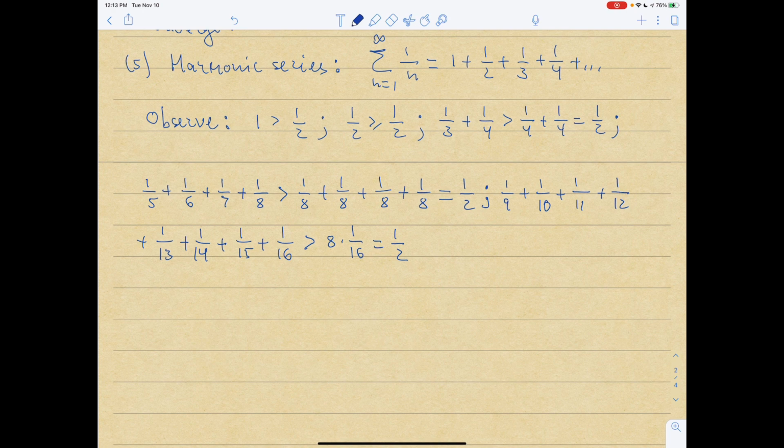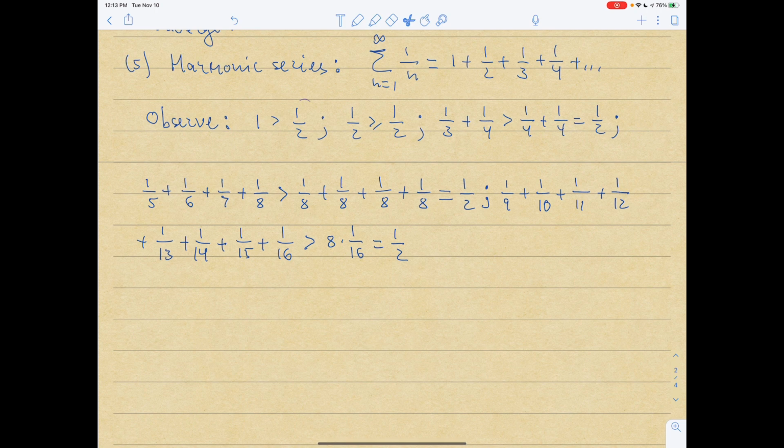And so now what I can see is that if I add all the terms of my harmonic series, the terms actually are never exhausted, right? Because this is an infinite sum.